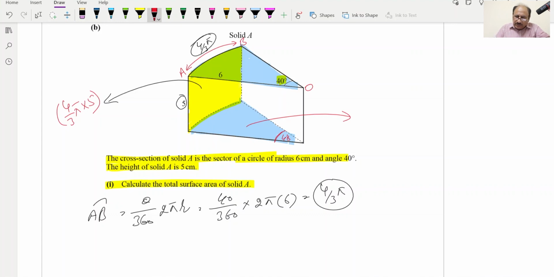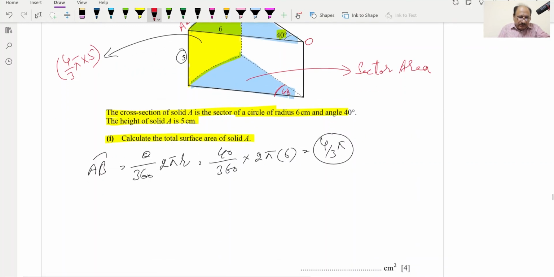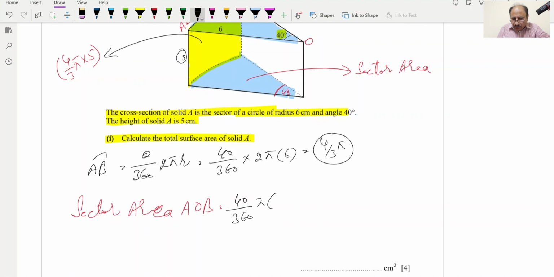We can find this sector area. So we will write here sector area AOB is equal to theta over 360, theta is 40, over 360 into pi r squared, r is 6, so 6 squared.